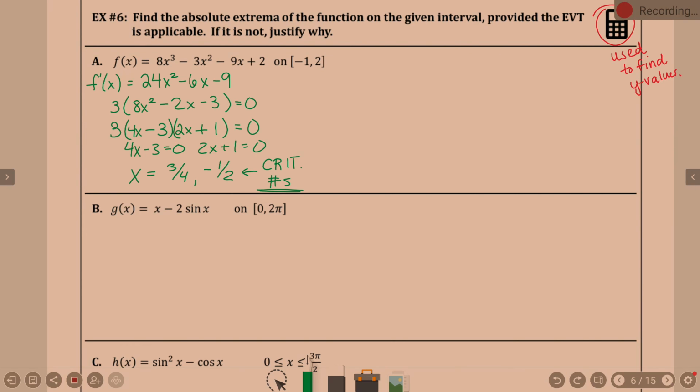However, we are on a specific interval here, aren't we? So we need to consider not only those 2 critical points we just came up with, but our endpoints as well.